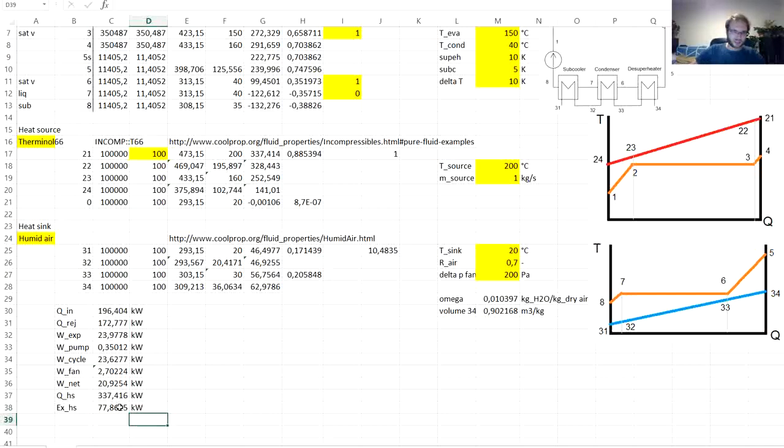So this, on the other hand, says that even though the amount of heat in the heat source is 340 kilowatts, we could not make by any means more than 78 kilowatts of electricity if the ambient temperature is 20 degrees C.